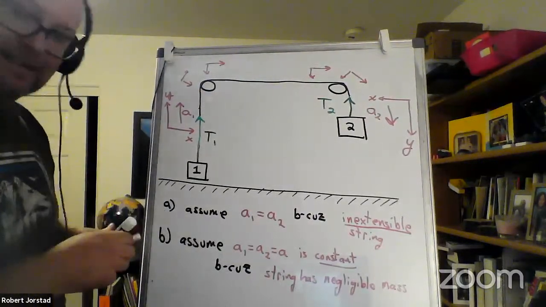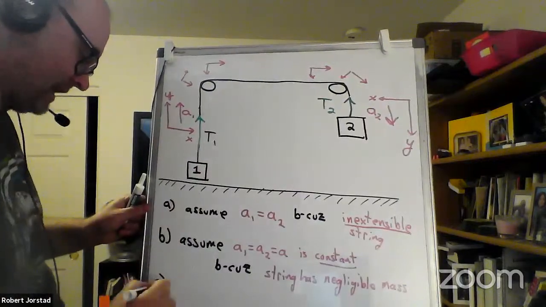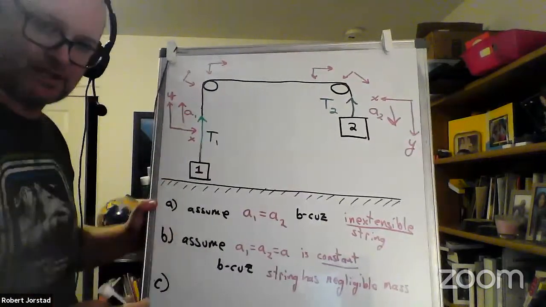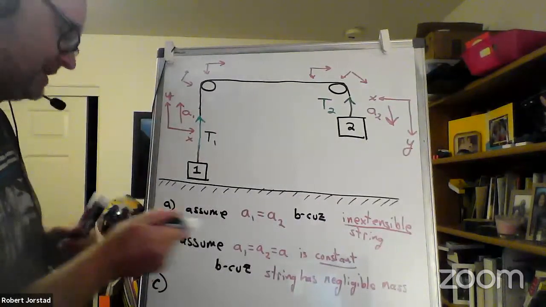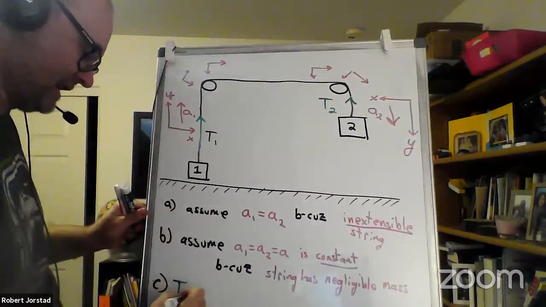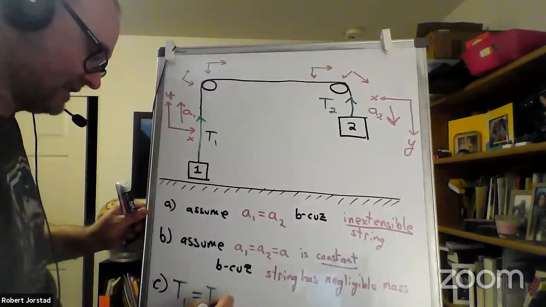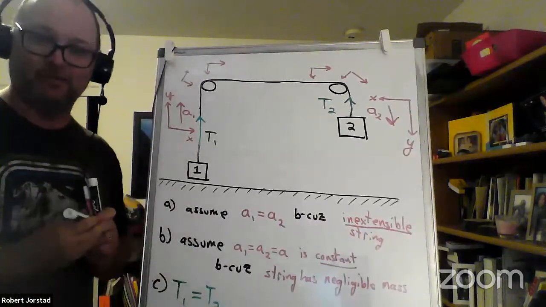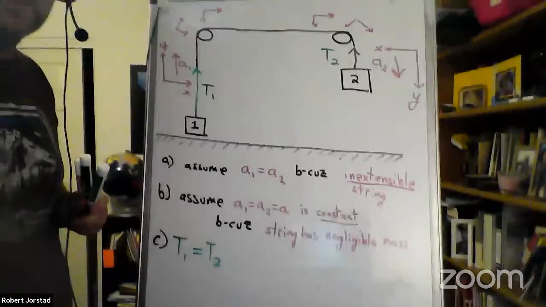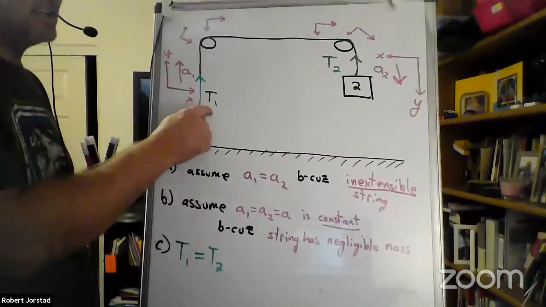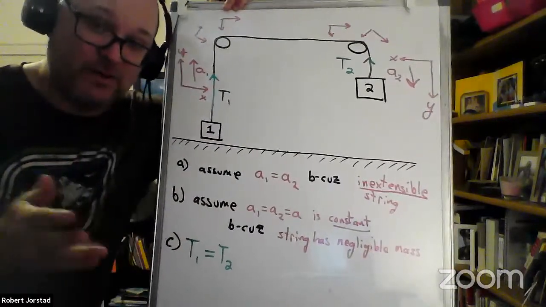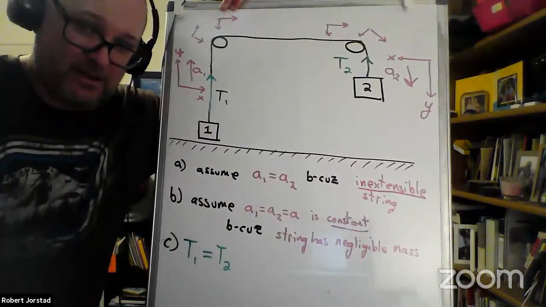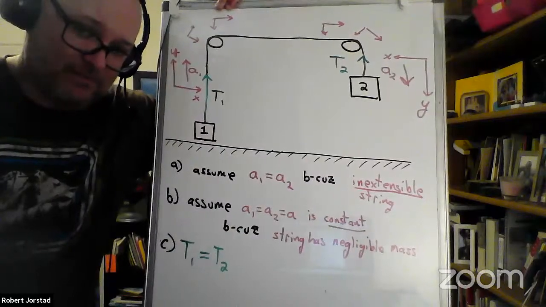And then finally, the last critical assumption always used in this one is that we're going to assume that the string tension is the same on both sides of the string in terms of magnitude. We're going to assume that the tension here is the same as the tension there. In the real world, that's not always true. It relies on an assumption.